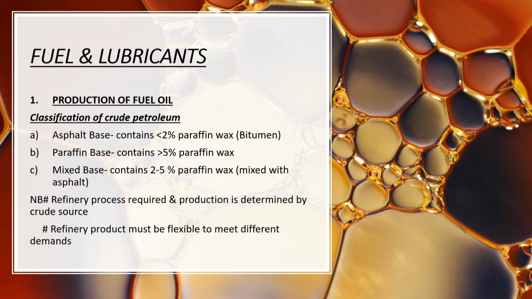Under the classification of crude petroleum, we have 3 classifications based on their paraffin wax makeup. We have one containing less than 2% paraffin wax, also known as bitumen. It's called asphalt base. We also have the one which has greater than 5% paraffin wax, called paraffin base, since it's rich in paraffin wax.